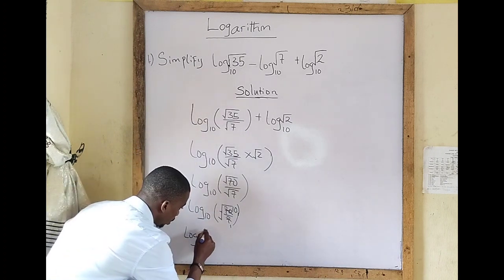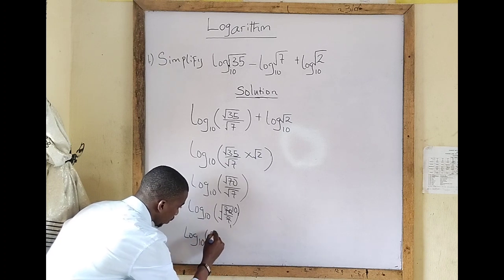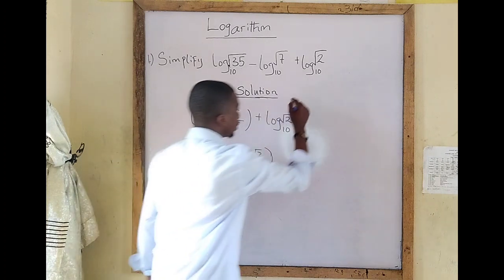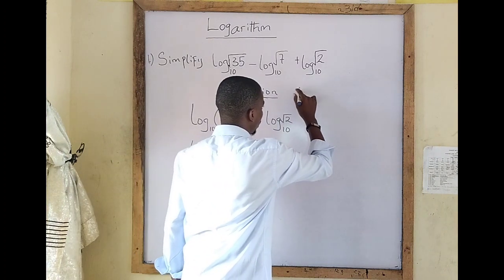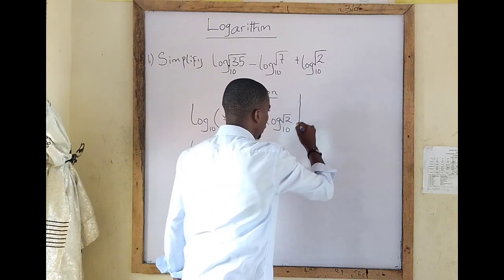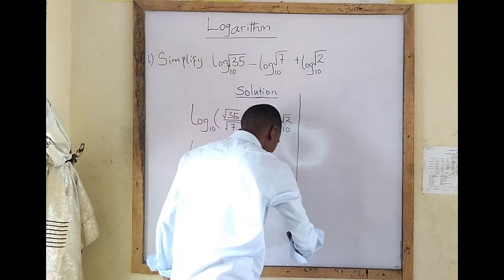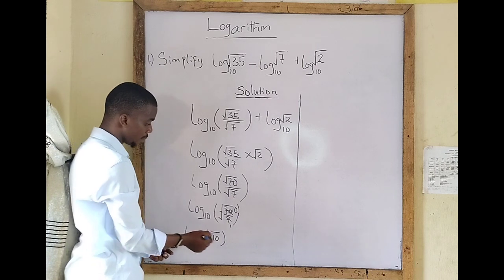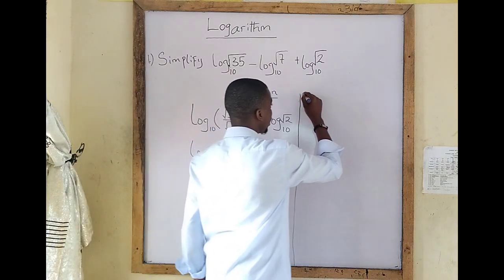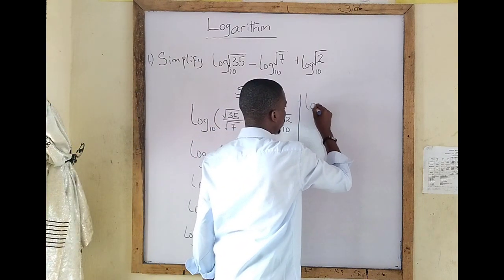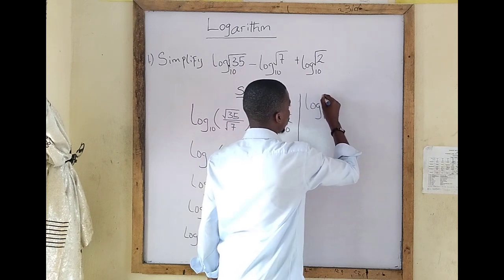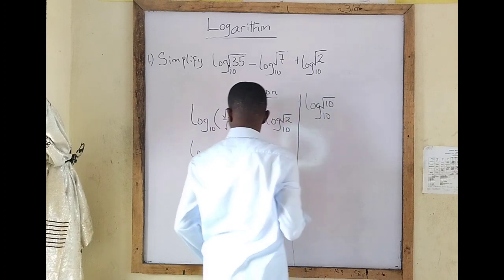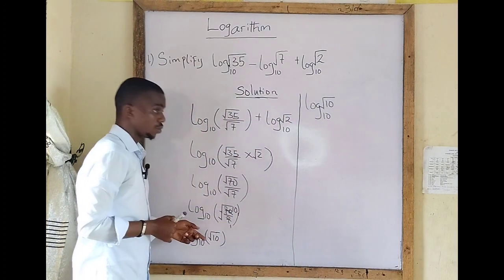If we open the bracket with an invisible 1 outside there, we have log base 10 of 1 times root 10.